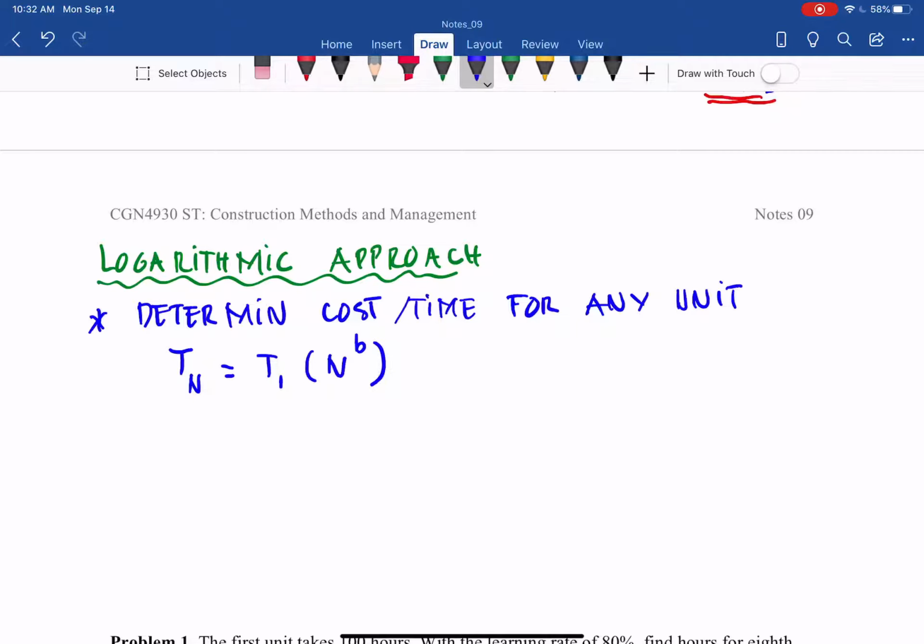We already defined Tn, T1, and n is the nth unit. Now you can see b.